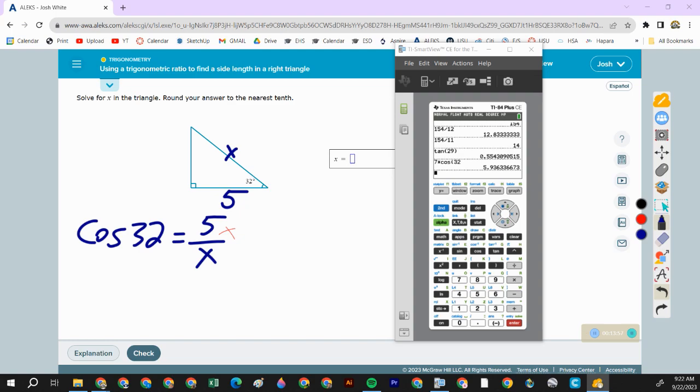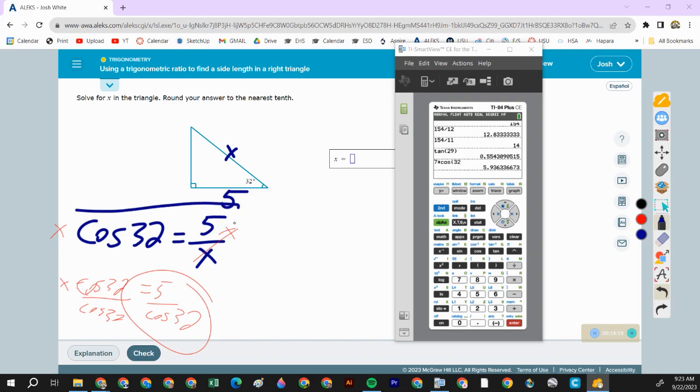Times by x, cancel those out, times by x, x cosine of 32 equals 5, divide by cosine 32, divide by cosine 32, and that's my answer. And that will totally work. But do you see a shortcut?